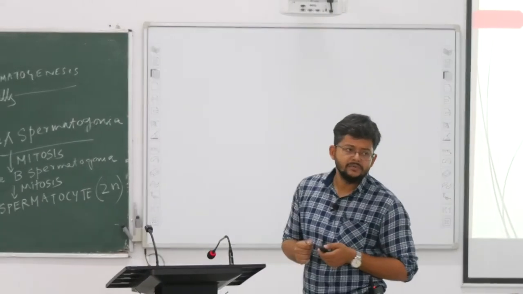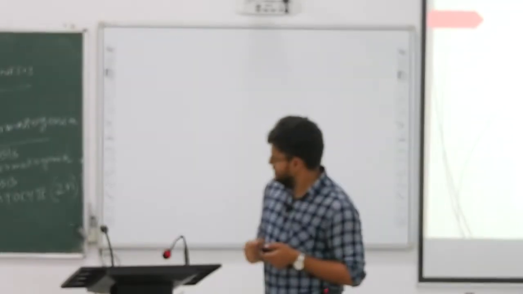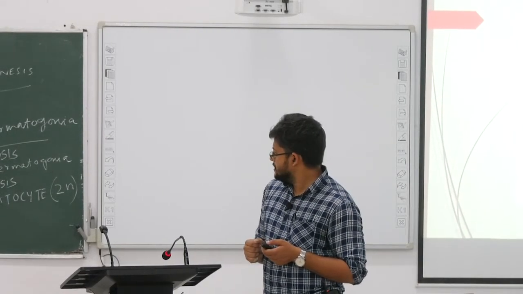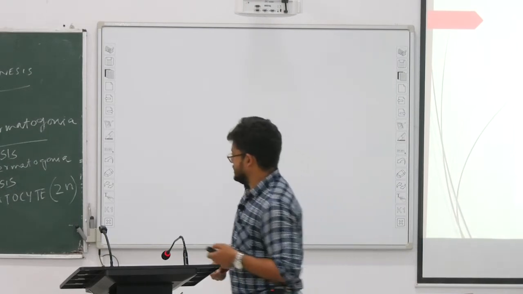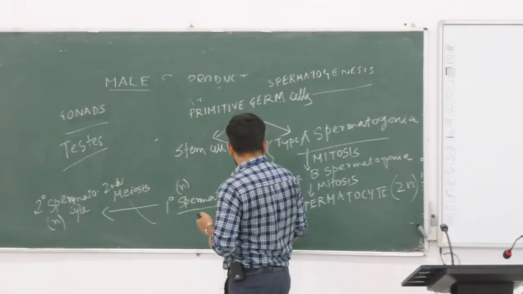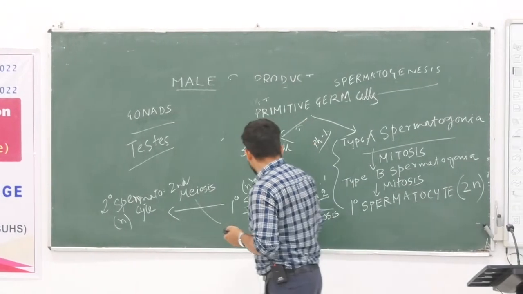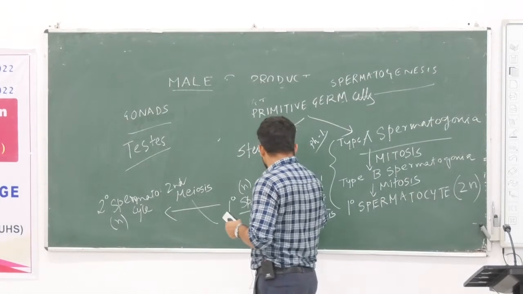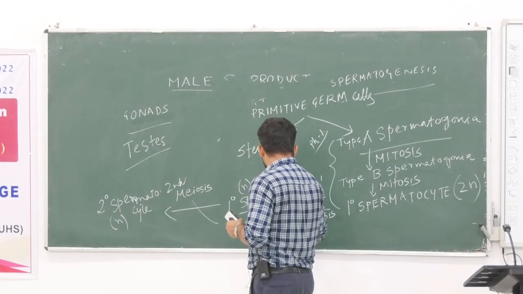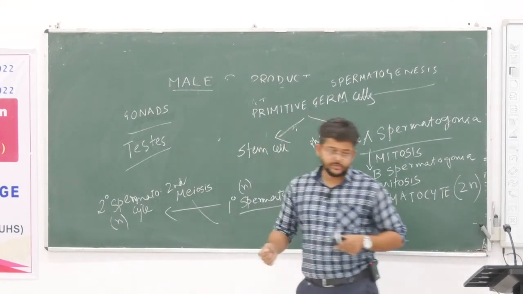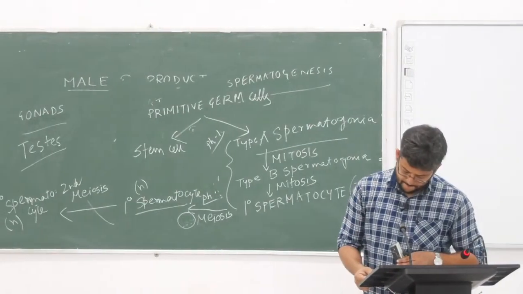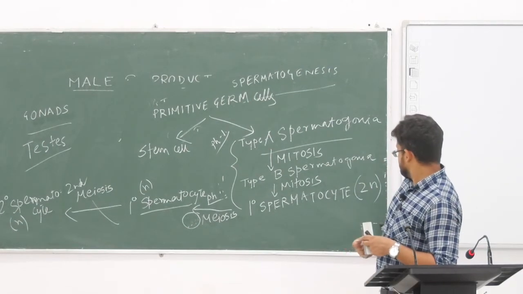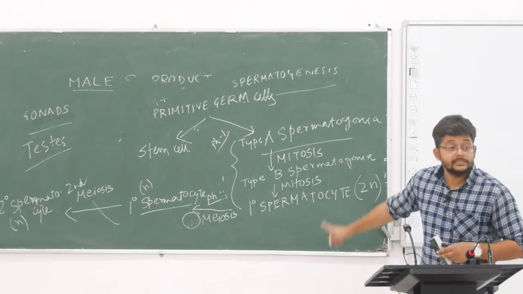বুঝতে পারছি না, বলো। Oh yes, correct. Just a moment, let me check. না, এইখানে যেটা আছে, this is diploid.